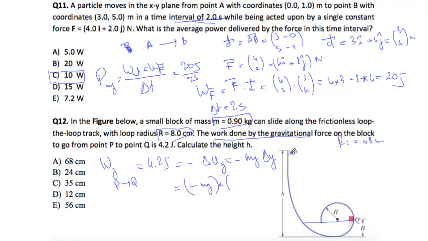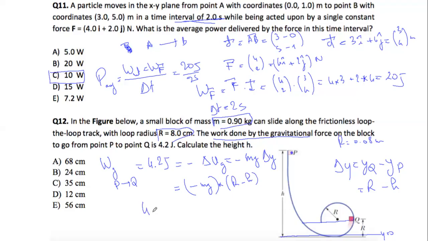Here I'm going from P to Q, so delta y will be yq minus yp. If I take the ground to be my reference, yq is equal to r and yp is equal to h. So delta y is r minus h.